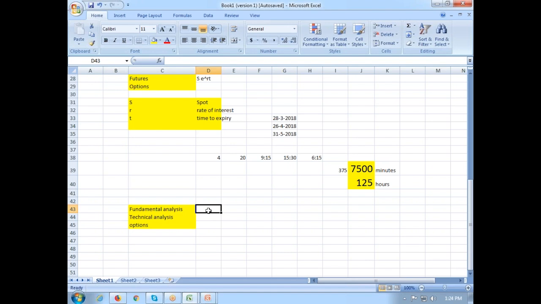Fundamental analysis, if you do it for a company, mostly we prepare for our long-term future. 3 years, 5 years, 10 years, 20 years, whatever it is. Some of us have inherited wealth from our grandfather, who accumulated shares of XYZ company, and we have them in physical formats.